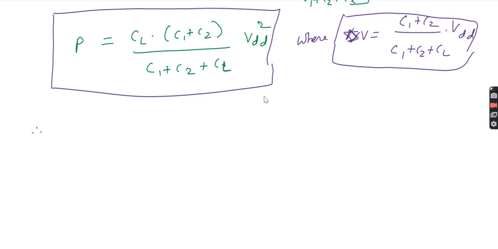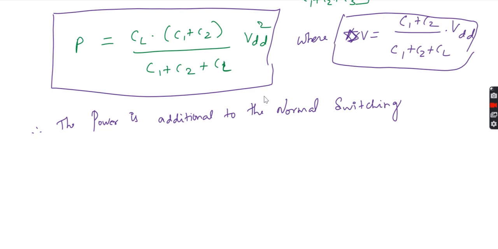So from this I can say the power is additional to the normal switching activity power dissipation.